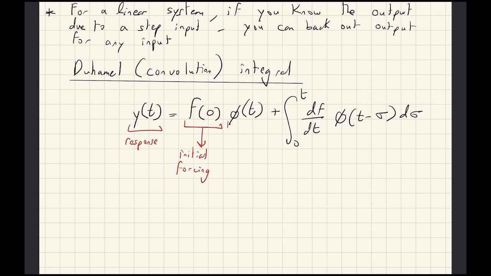Now, phi of t is the indicial function, which is either the Wagner or Küssner function that we talked about earlier. And then you have this integral term where df/dt is the derivative of the forcing.